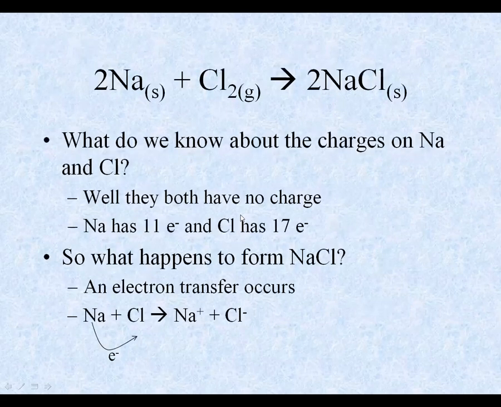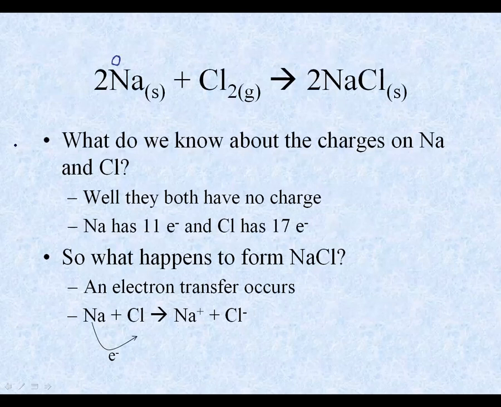So if we look at this reaction here, where we have basically the formation of sodium chloride, just a reminder that if you do have something like sodium metal by itself and it's not combined with anything, it pretty much has no charge. Remember that things only get charges when a metal and a non-metal come together.